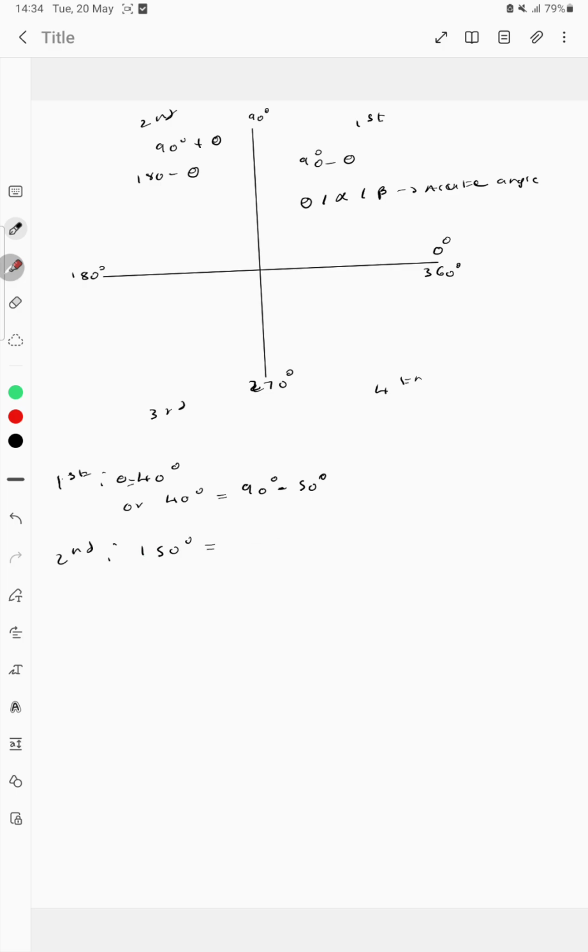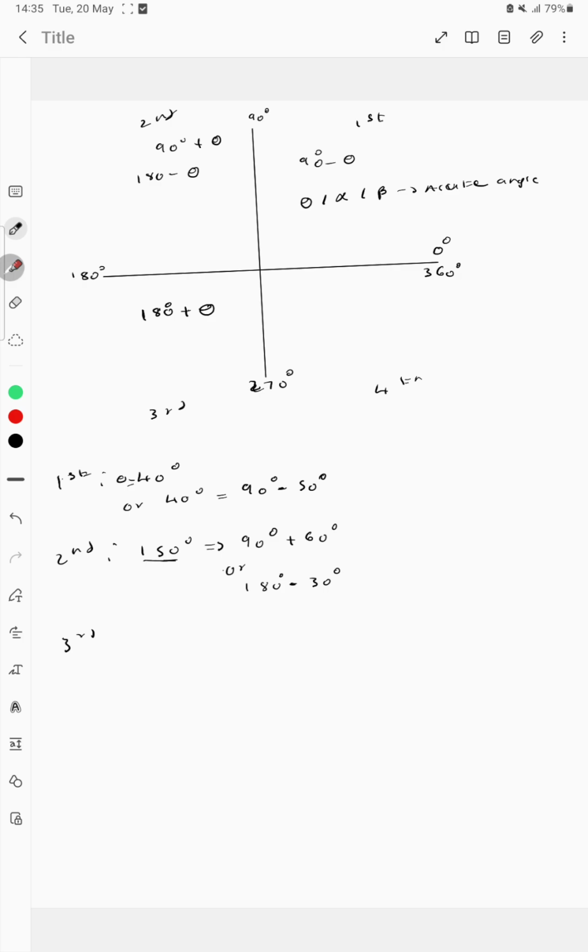To get 150, I can say 90 plus 60, or I can write it as 180 minus 30. If we simplify them, we get 150 degrees.